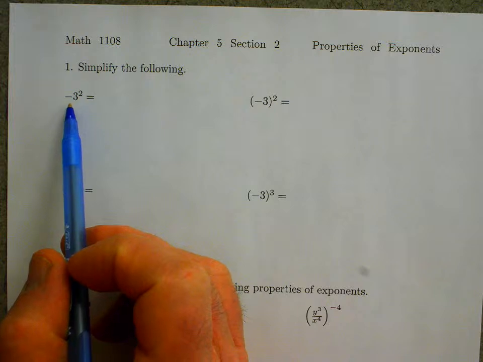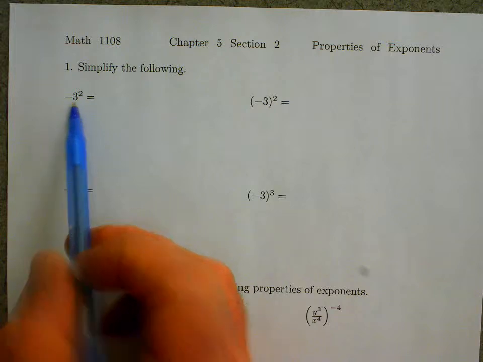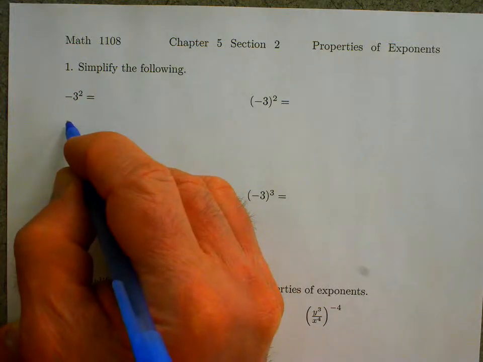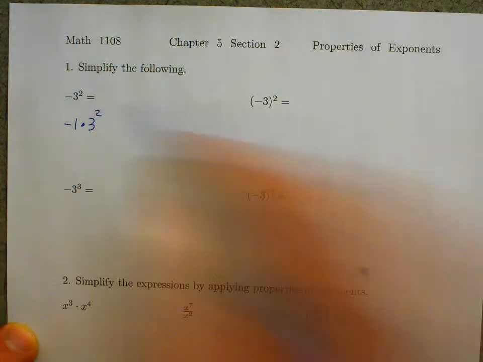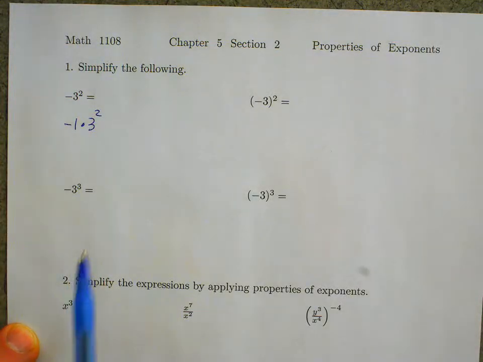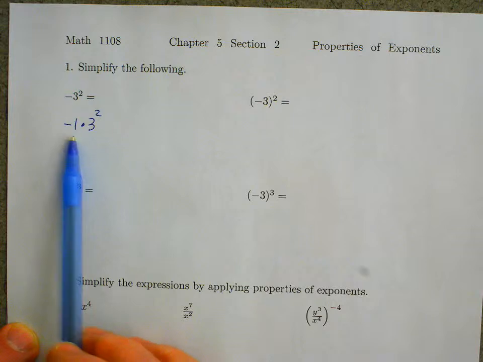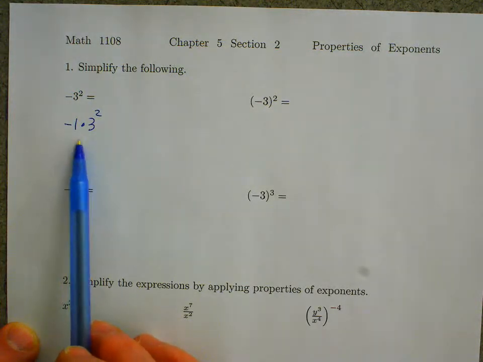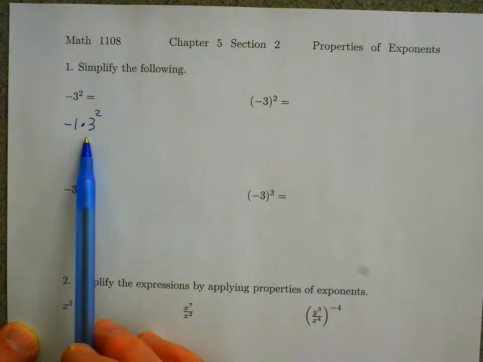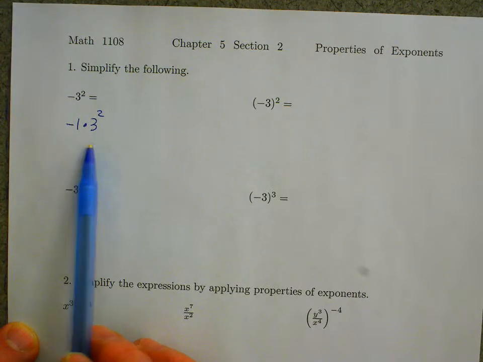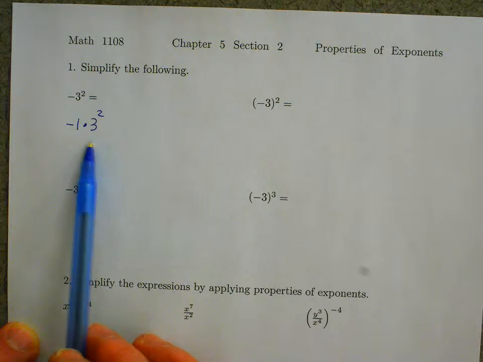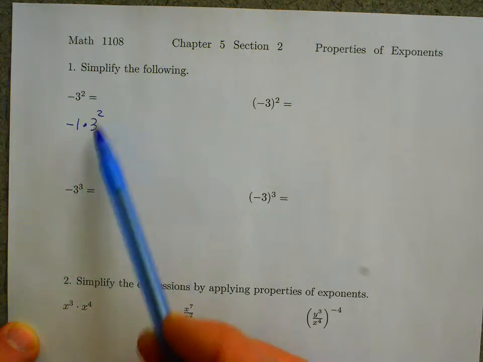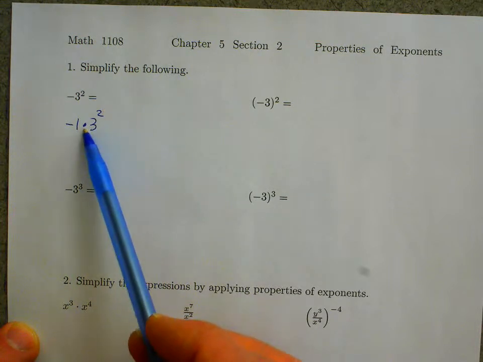So this is equivalent to negative 1 times 3 to the second. Normally we don't want to have to write this, but that's what it means. And then if you remember the order of operations in arithmetic, you evaluate exponents before you multiply.